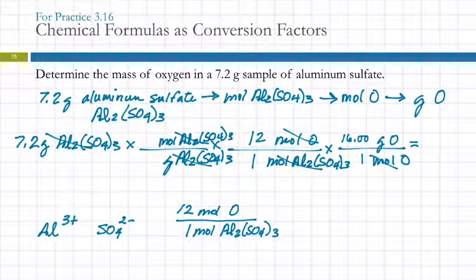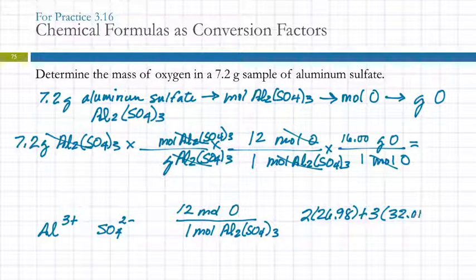So I didn't really leave much room down here. I'll squeeze it in over here. So aluminums. I have 2 aluminums times the mass of aluminum. And I have 3 sulfurs times the mass of sulfur. Oops, and 12 oxygens. The decimal point there.